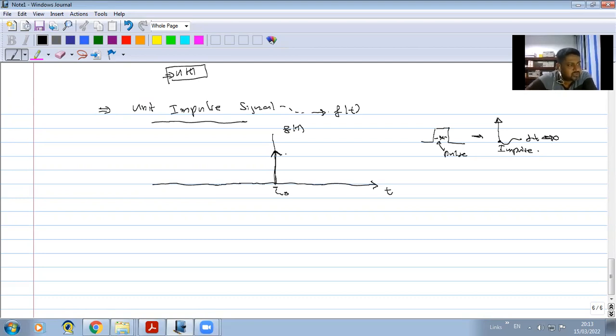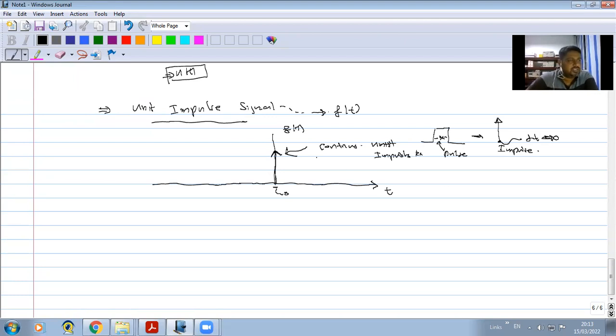This looks like a discrete one, but actually this is not a discrete one. Remember that this is a continuous type. This is a continuous-time unit impulse signal. A discrete version is also there, but we are not going to learn about the discrete version.